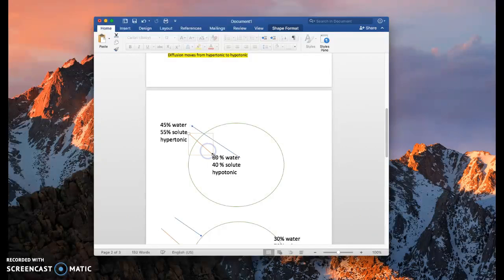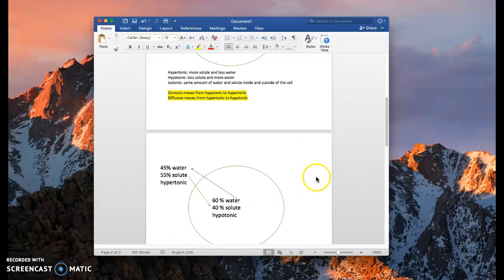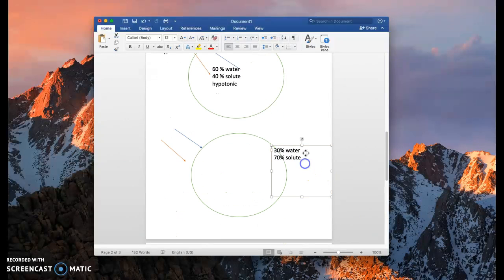And looking at this, we can see that our diffusion is going to move in exactly the opposite direction, and it's going to go from 55% solute, which is higher than the inside solute, which is only 40%. Again, diffusion is moving from hypertonic to hypotonic, and osmosis is moving from hypotonic to hypertonic. So that's that one. Our next one's going to be a little bit more difficult.